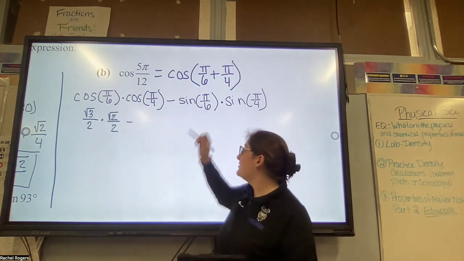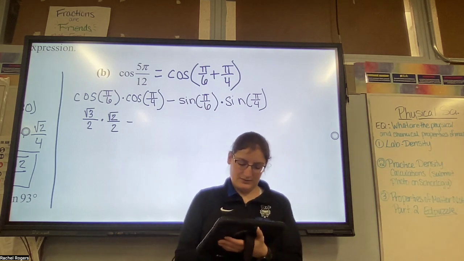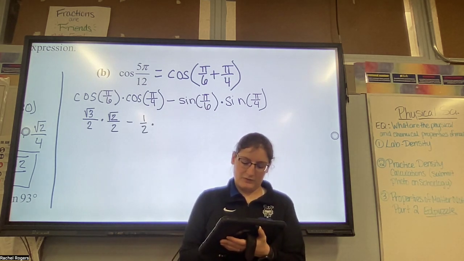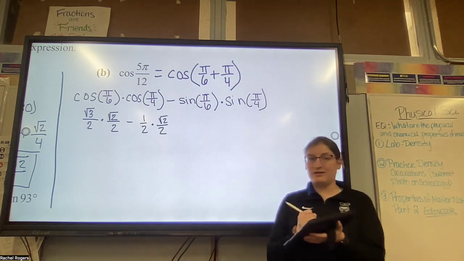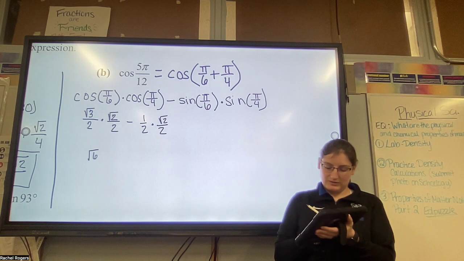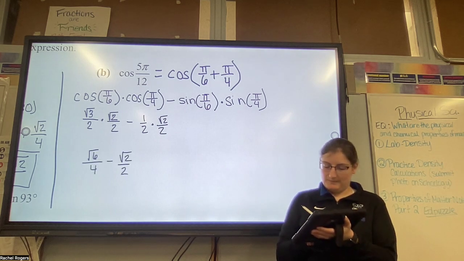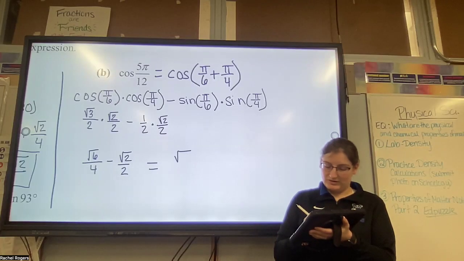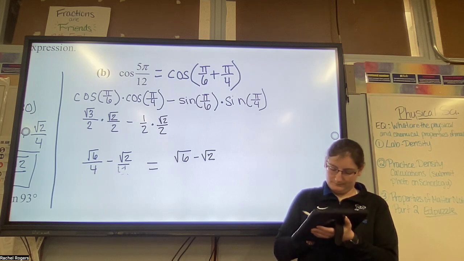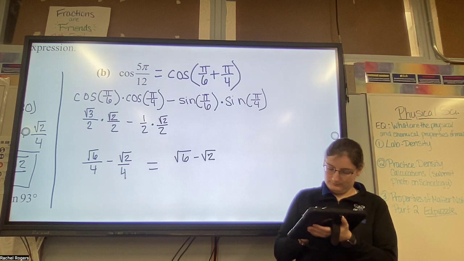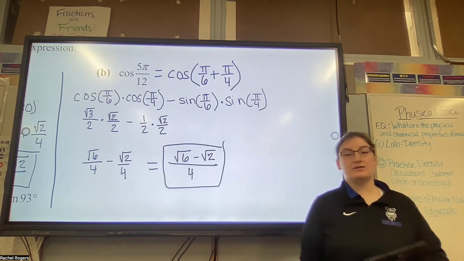Minus sine of pi over 6, which is 1/2, times sine of pi over 4, which is root 2 over 2. So we end up with the same numbers. We have root 6 over 4 minus root 2 over 4. There's just subtraction in there instead. And that is our mathematical answer.